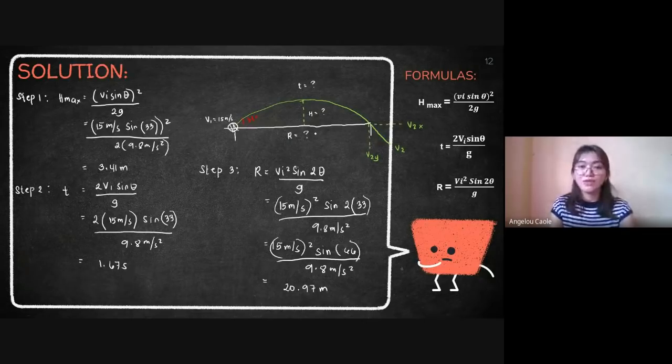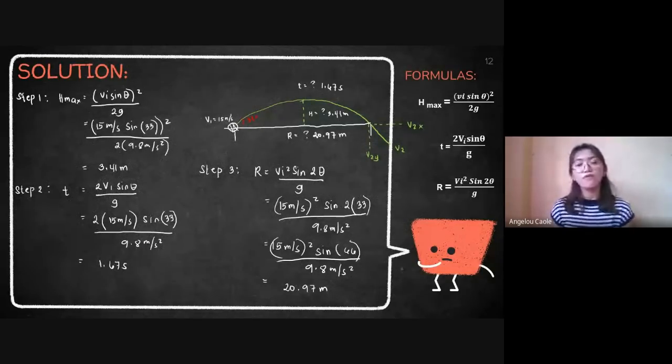So R is 20.97 meters, the height is 3.41 meters, and the time of flight is 1.67 seconds. So that's for the third problem.